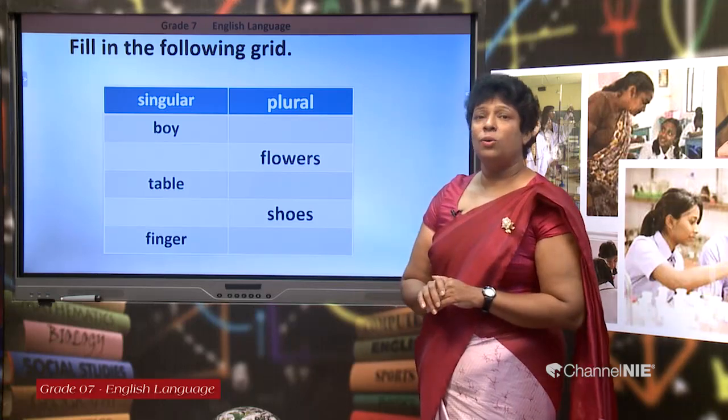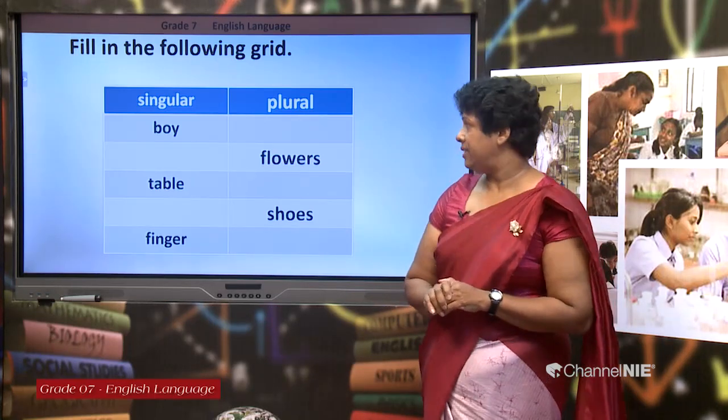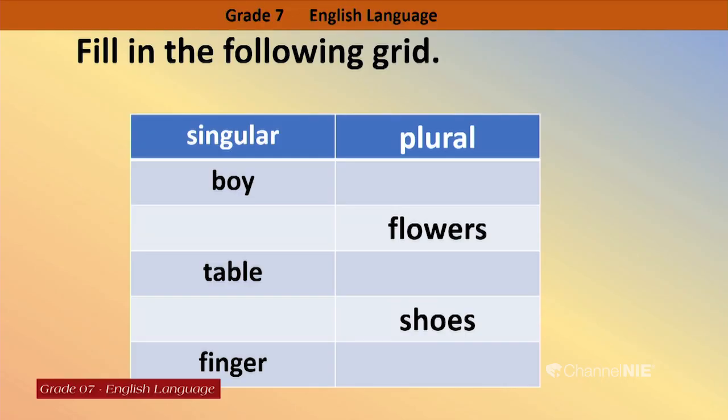First, you are given boy, that is the singular word. You have to fill the second, that is the plural form. You have to write the plural of boy. Next, you get the word flowers. There it is the plural form of the noun. What you have to do is to write the singular form of it.